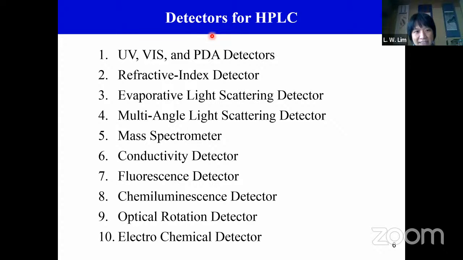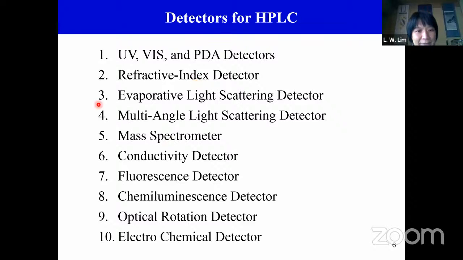For the refractive index detector, the flow cell has two compartments, one for the standard and one for the sample. By measuring the change in refractive index, you can measure any sample, because any sample going through two media can have a refractive index.